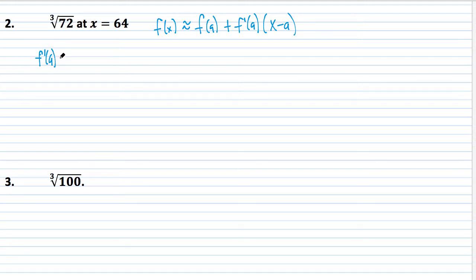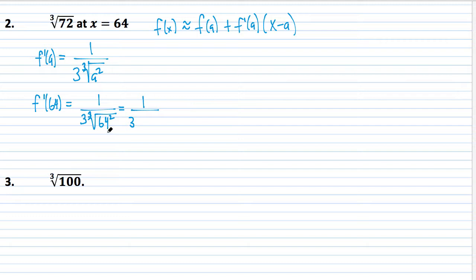So f prime of a, again, is 1 over 3 times the cube root of a squared. So f prime of 64 is going to be 1 over 3 times the cube root of 64 squared. Again, you can do this in either order.